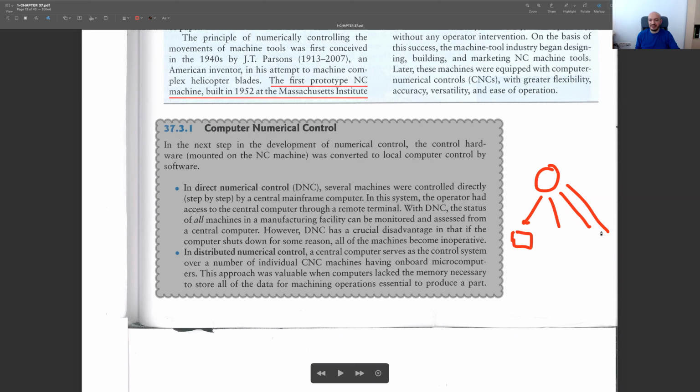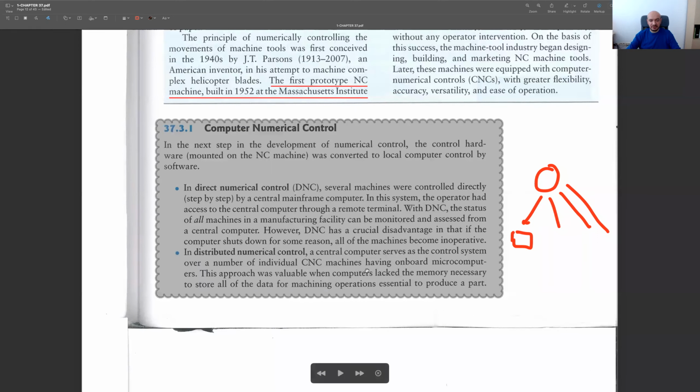So you have, let's say, 4 NC machines in your factory, and then you have a single DNC, direct numerical control system, and it transfers all these instructions to the machines. The machines don't have any computers on themselves, so they only read the instructions and then perform these tasks.